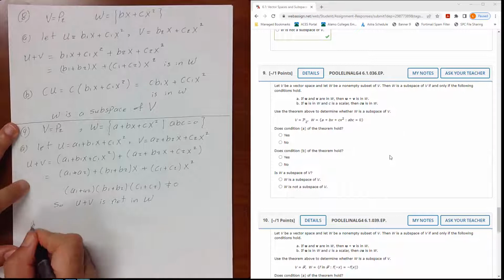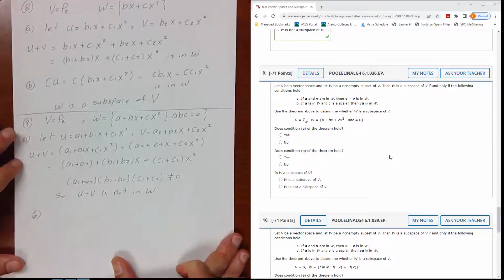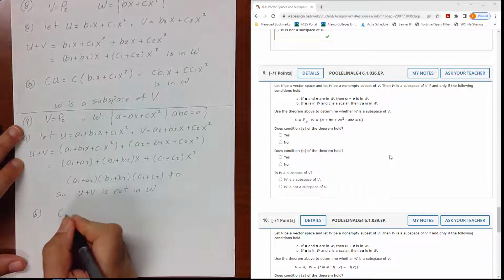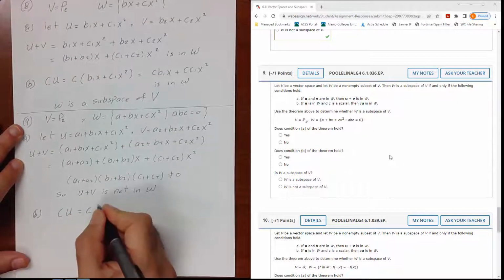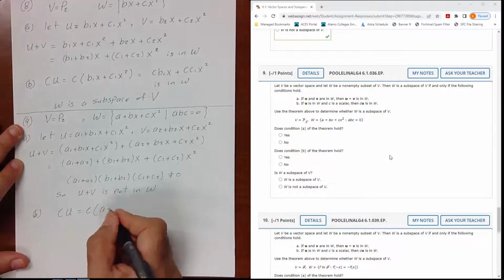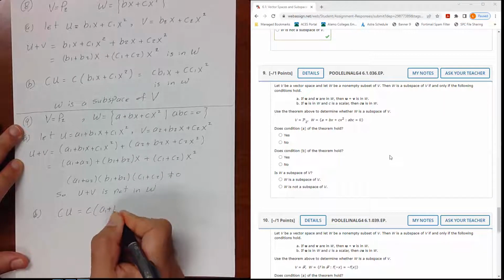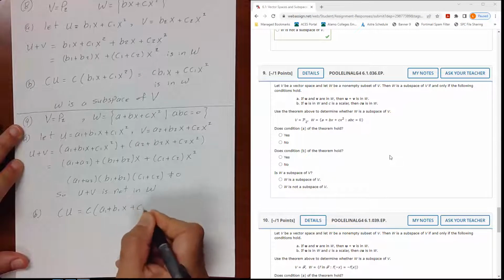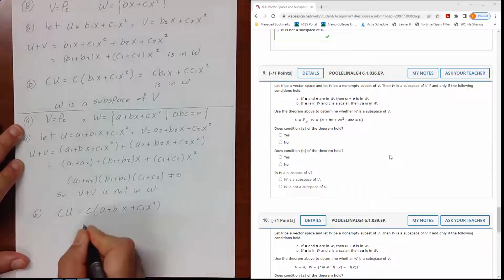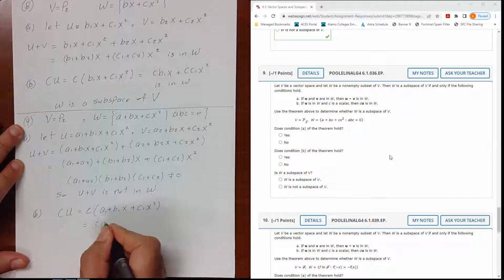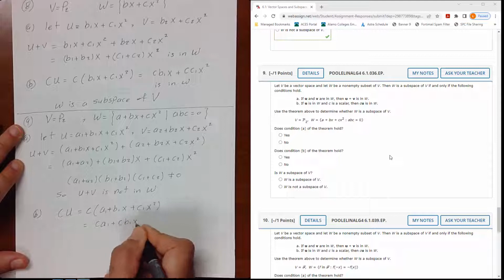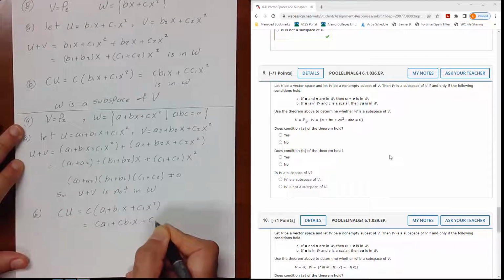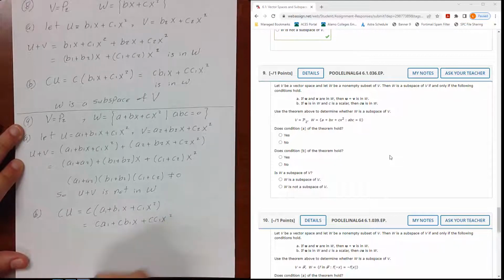Let's go to the second condition. For the second condition, you're going to say C times U, which is equal to C times A1 plus B1x plus C1x squared, which is equal to CA1 plus CB1x plus CC1x squared. And in this case, the same condition.